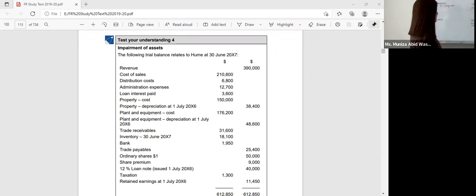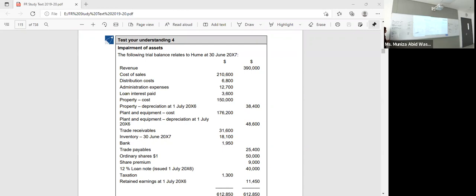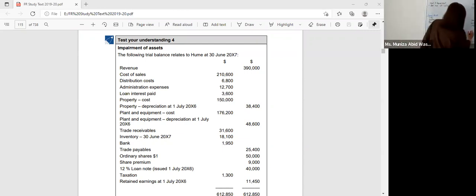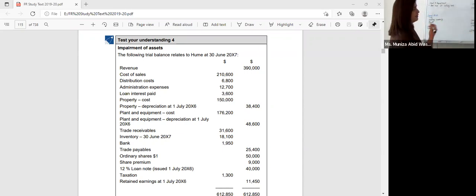Then we have trade payables. Trade payables come in the current liabilities. Trade payables are how much? 25,400. So 25,400 are our trade payables. Then we have ordinary shares, share premium, 12% loan note. Students, we can write it over here. Equity portion we can write here.